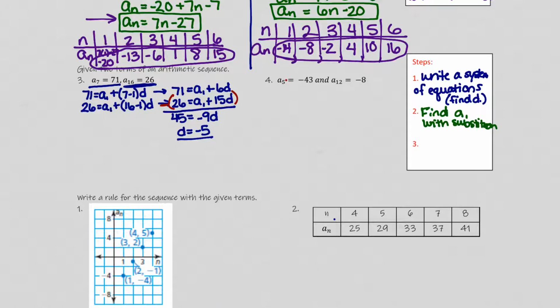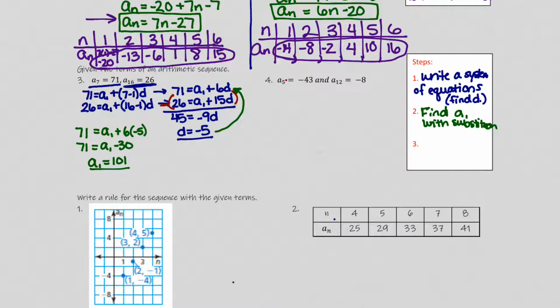So I'm going to take d and plug it into one of these original equations. I end up getting 71 equals a1 plus 6 times negative 5. Then I get 71 equals a1 minus 30. Add 30 to both sides, and I get a1 is 101.